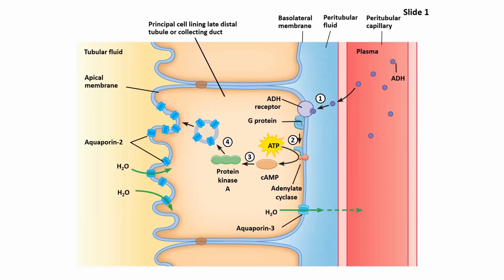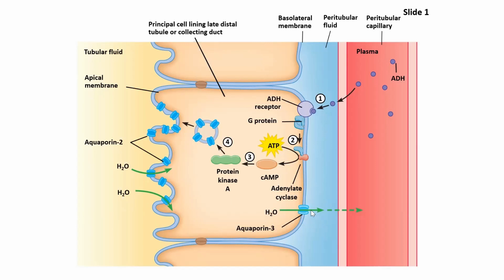That will then go into the cell and bring about our amplified response, right? That will help to activate protein kinase A, and that will help to make and insert these aquaporin 2 channels. Now notice the aquaporin 2s are the ones that we can upregulate or downregulate by inserting more or less of those into the apical surface of the membrane.